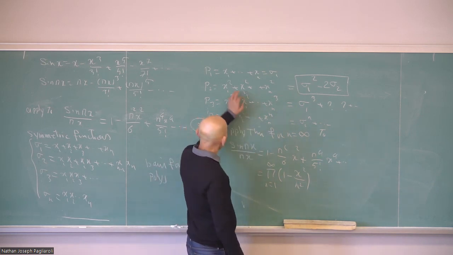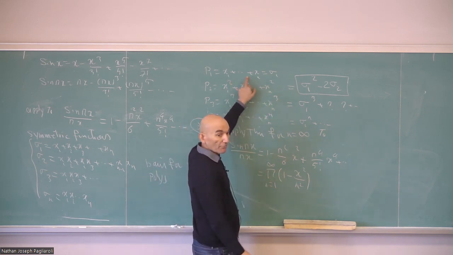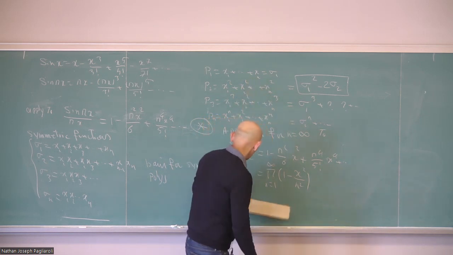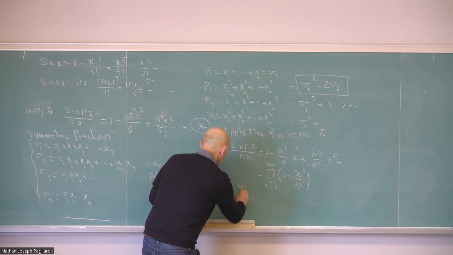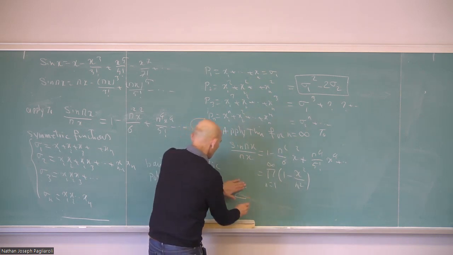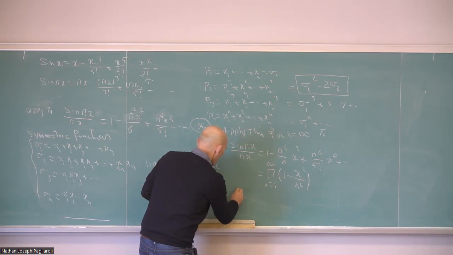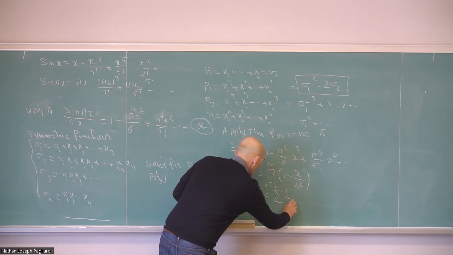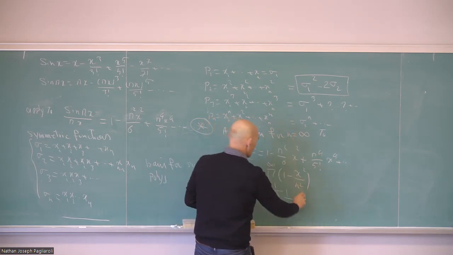The first relation gave us the Basel problem: P1 equals sigma 1 equals the sum of 1 over n squared, equal to pi squared over 6.